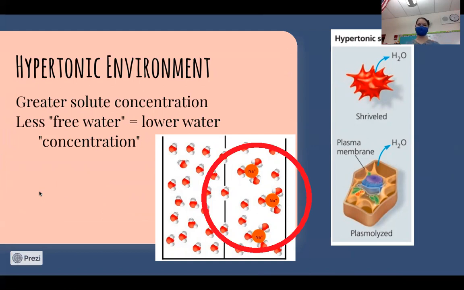And what that really just means is that there's a greater solute concentration and a lower water concentration. So hypertonic is higher tonicity, higher solute, but because of that higher solute concentration, you have less relative solvent.